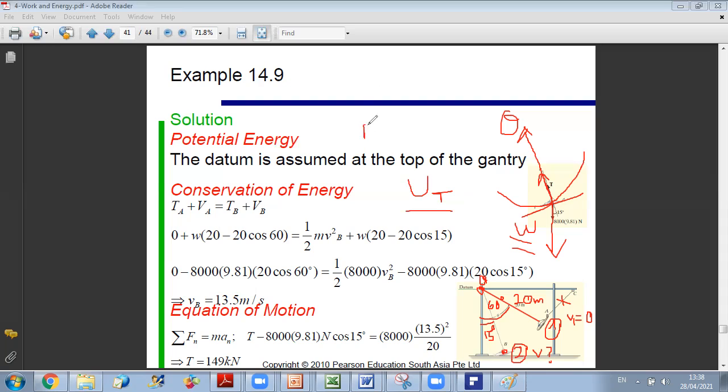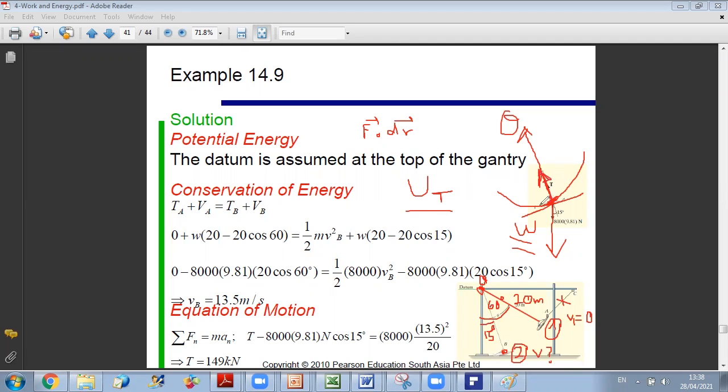You remember it's F dot dr, displacement. In this case, the tension is always perpendicular to displacement because it's along the radius of the circle, so it's perpendicular to the tangent line, then it's perpendicular to displacement.